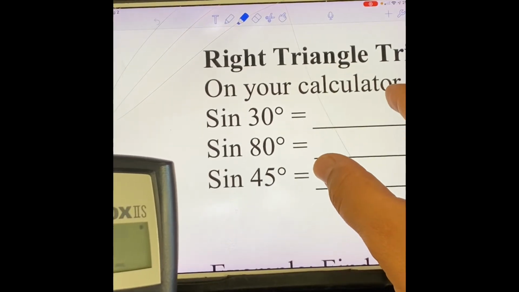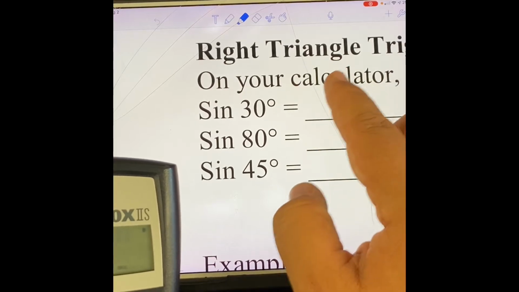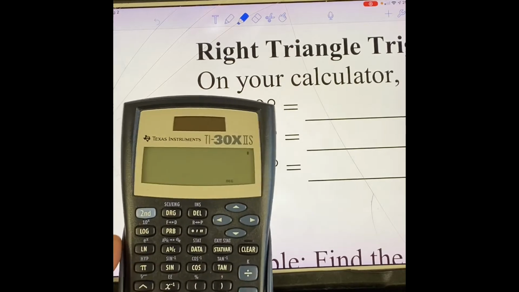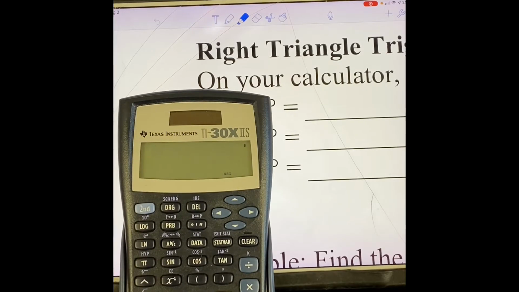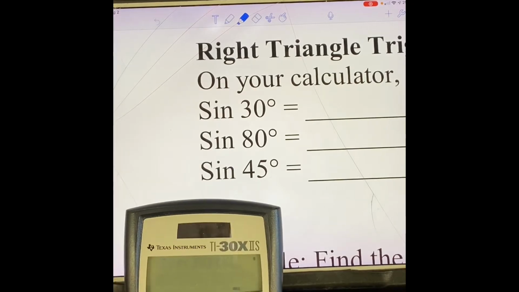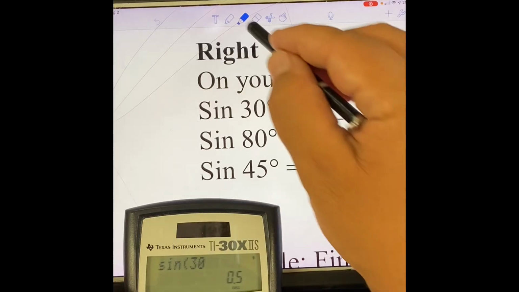I'm going to go down the column, and I'm going to calculate the sine of 30, sine of 80, and sine of 45. Sine of 30, we get 0.5.